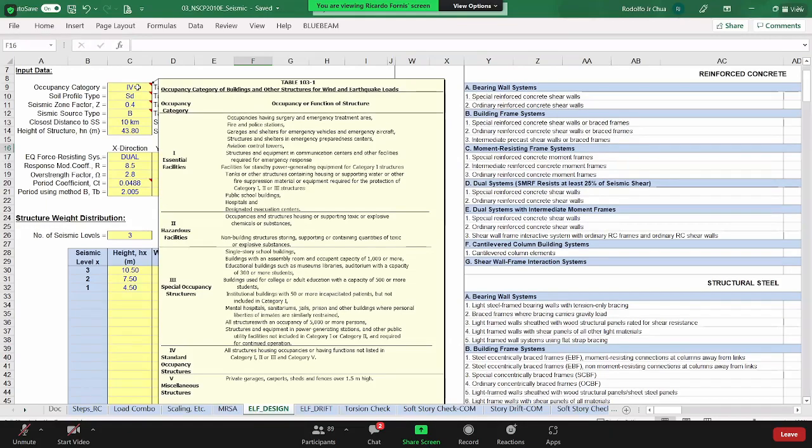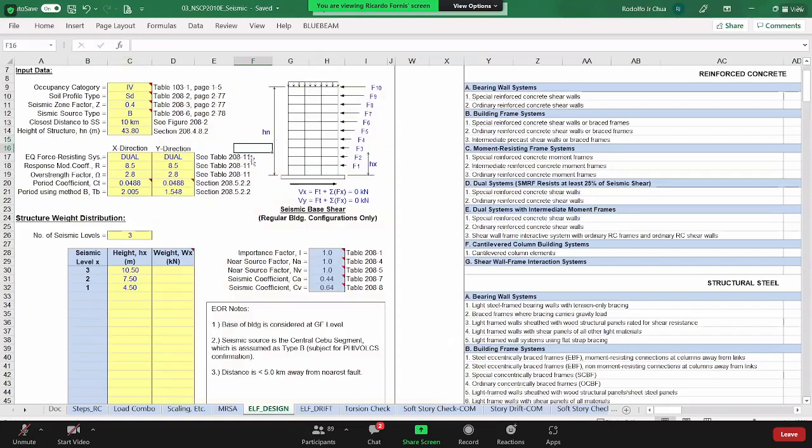What else do we have here? Buildings with an assembly room and occupant capacity of 1,000 or more, or educational buildings such as museums, libraries, auditoriums with a capacity of 300 or more students, and so on. So those are special occupancy structures.